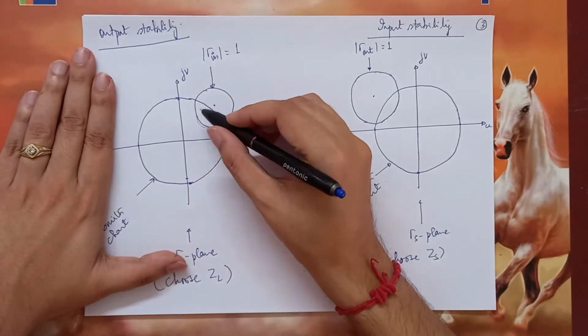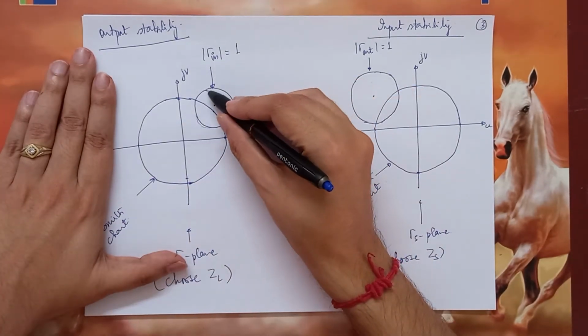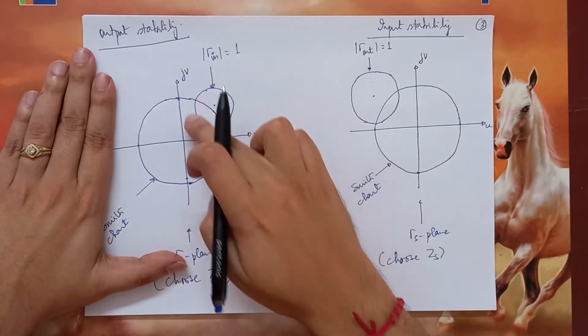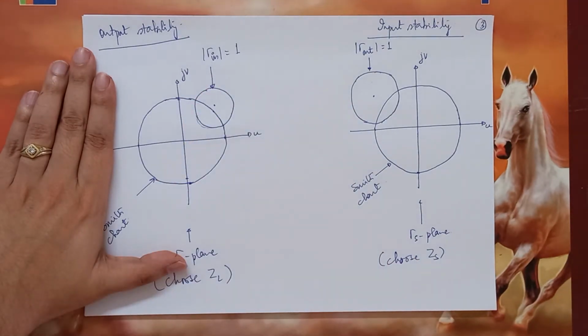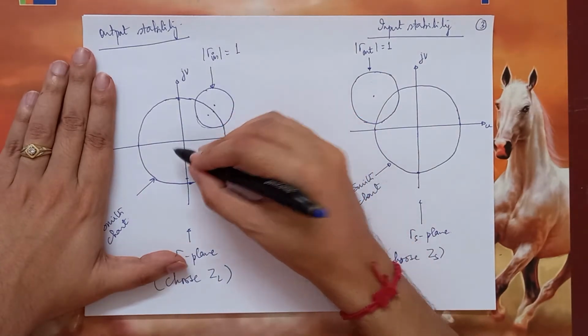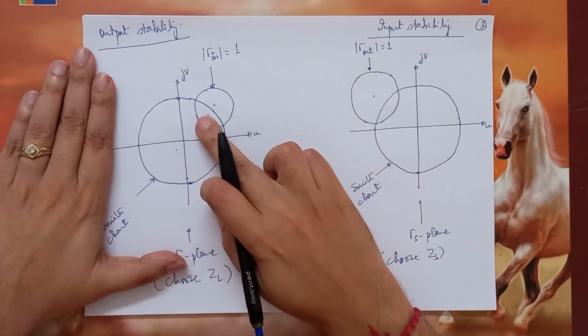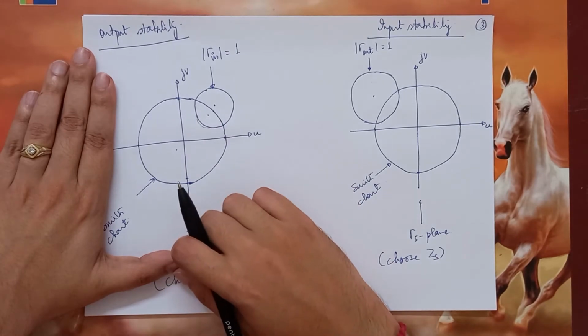So therefore, if I choose any point which is not on this circle, that would mean that point is gamma in not equal to 1. Suppose I choose a point that is here, I choose a point that is here. I do not know. But one thing I can say is that the gamma in will never be equal to 1 in either of these cases.